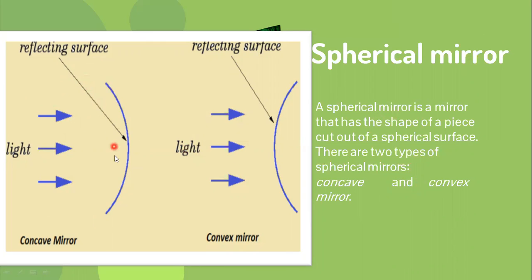When the inner part is the reflecting surface, that is called a concave mirror, and when the outer part is the reflecting surface, that is called a convex mirror. I'm repeating again: when the inner surface is reflecting, it is called the concave mirror. When the outer surface is reflecting, it is called the convex mirror.